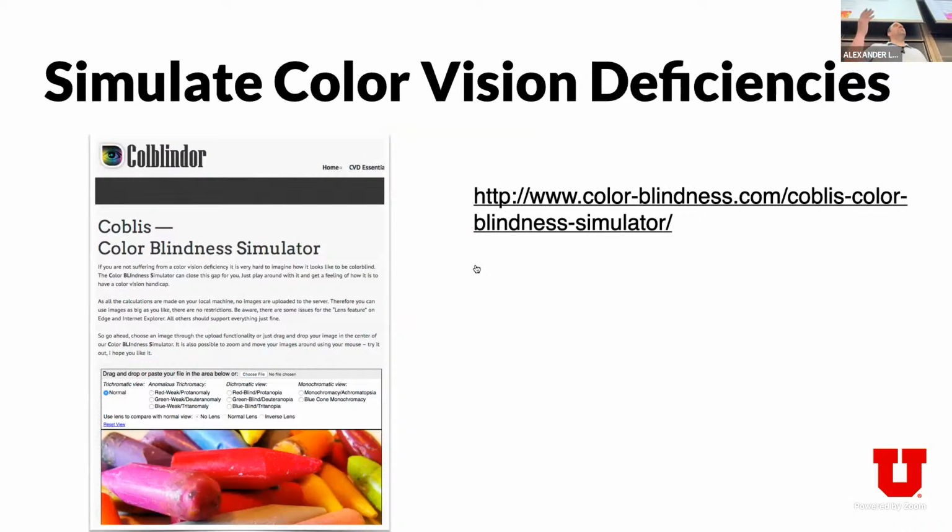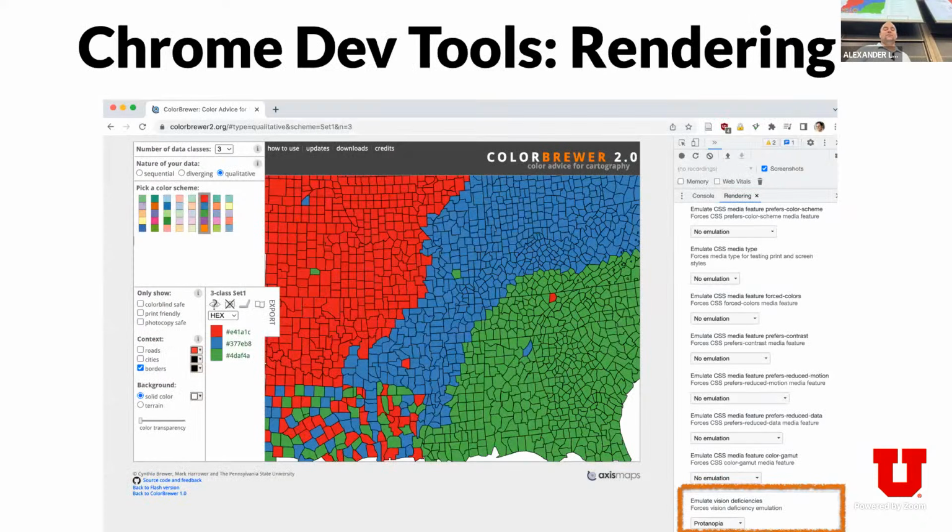There are tools where you can upload a photo, but the coolest part is in Chrome, in the developer tools, and I'll introduce the developer tools when we start talking about web development. You can actually simulate a color deficiency there. So you can go to the inspector and then go to rendering, and at the very bottom, you can emulate vision deficiencies, which I'm highlighting here.